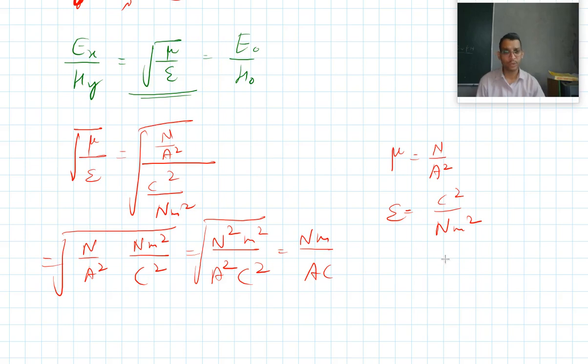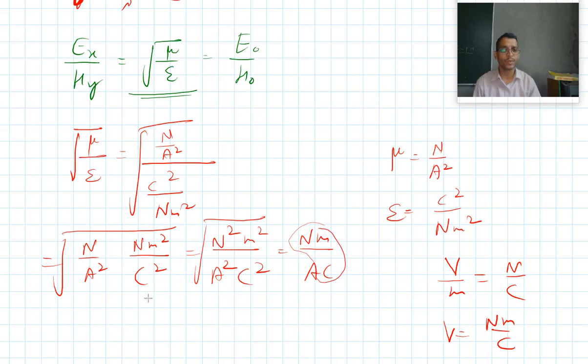As we know V over m is equal to N by C, so V is equal to Nm over C. So Nm over C is V over A, volt over ampere, which is nothing but the ohm, right?